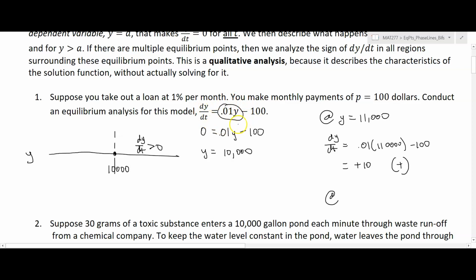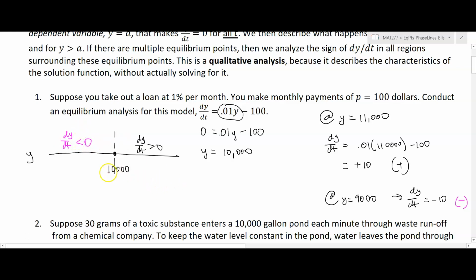This function and most of our functions are defined for all y and t, so it's not really a problem. If we pick something like y equals 9,000, then we get dy dt is negative 10. The fact that it is negative is what's important, and that means that on this interval, dy dt is less than 0.